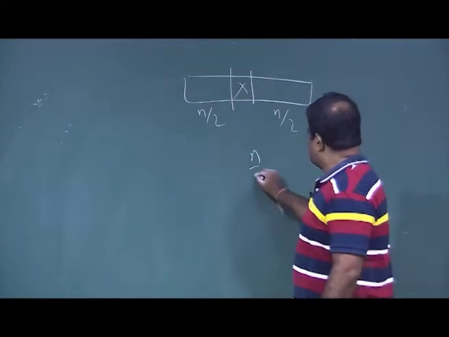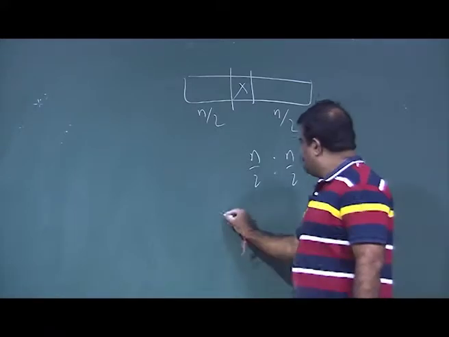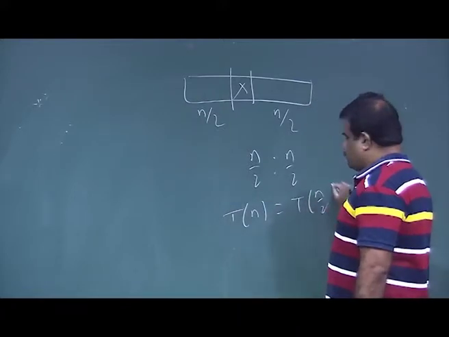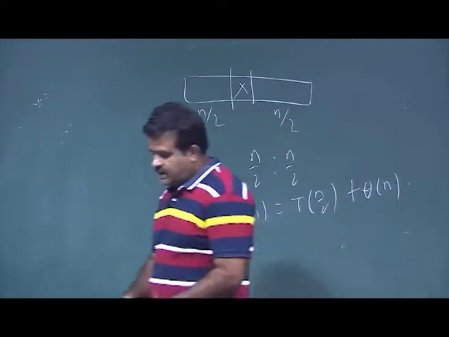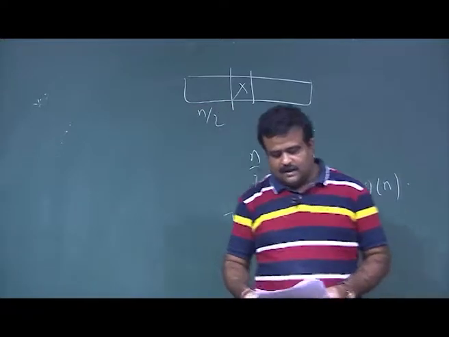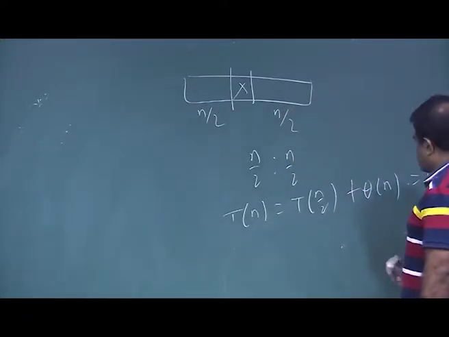If the partition is n by 2 to n by 2, then what is the recurrence? We have the recurrence T(n) = T(n/2) + theta(n). So, this is the recurrence for this. Now, this will give us what?